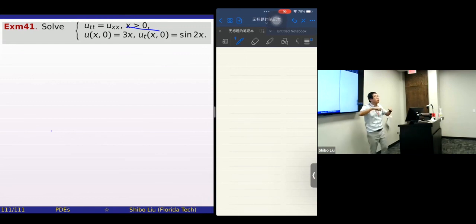So this is a string that is infinitely long in both directions, the whole real line. The initial position is given, and the initial velocity. Then let it go. What happens? At every moment, at every point on the real line, what is the displacement u? So this is an initial value problem.